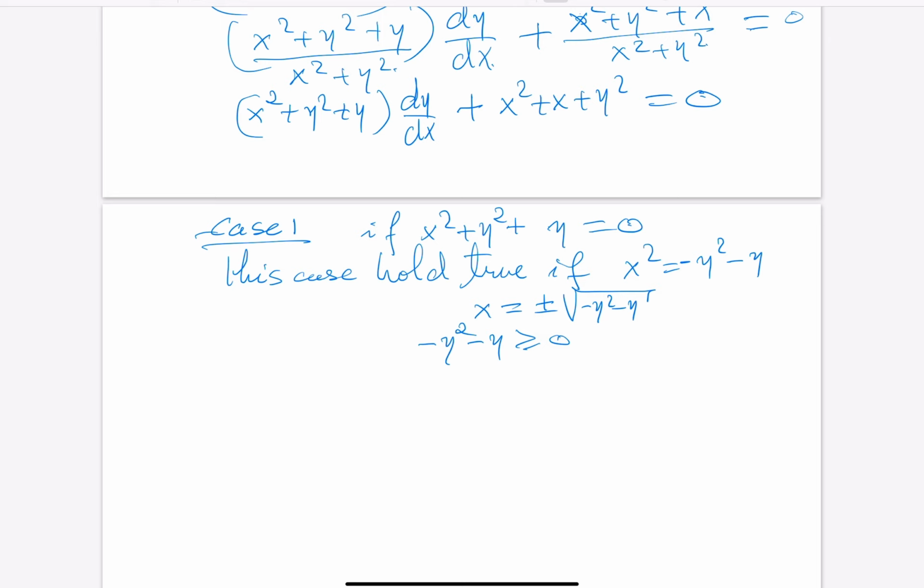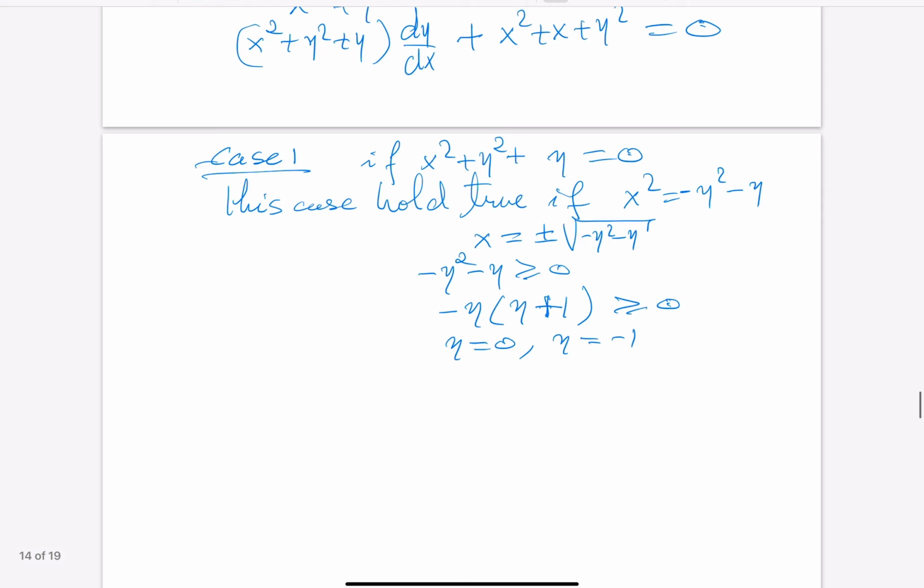And then here you can have negative y times (y plus 1) is greater or equal to 0. And you can tell you have y equal to 0 and y equal to negative 1. For all values for this one to hold, y has to be between negative 1 and 0.